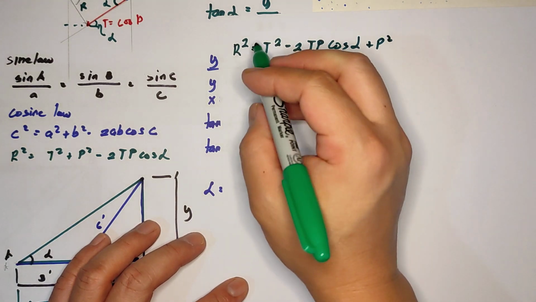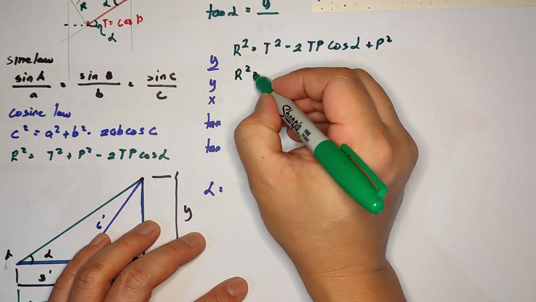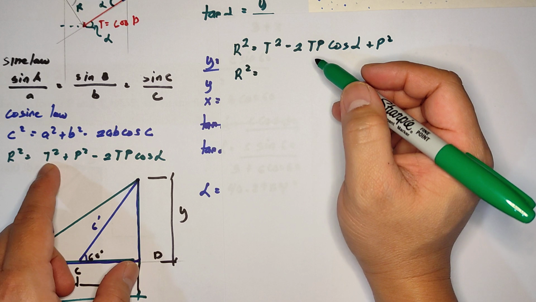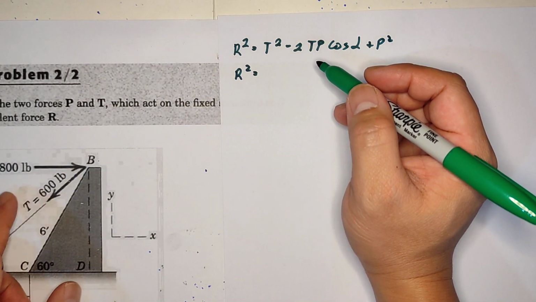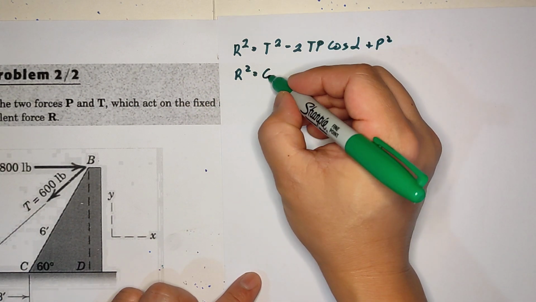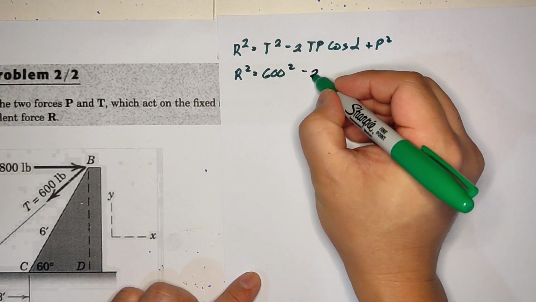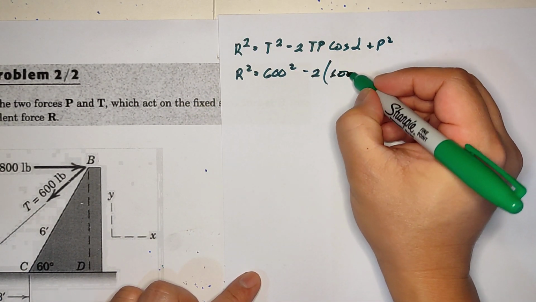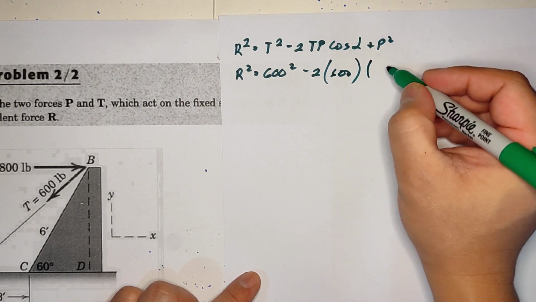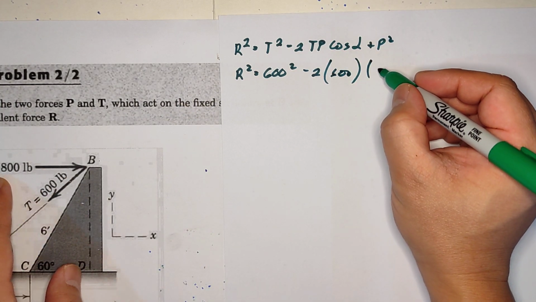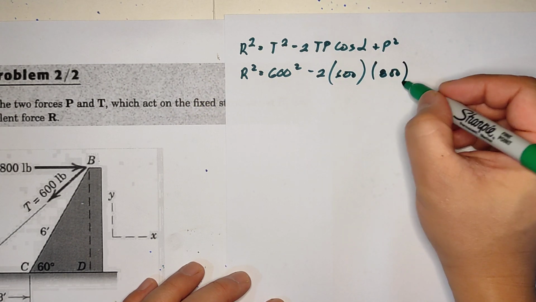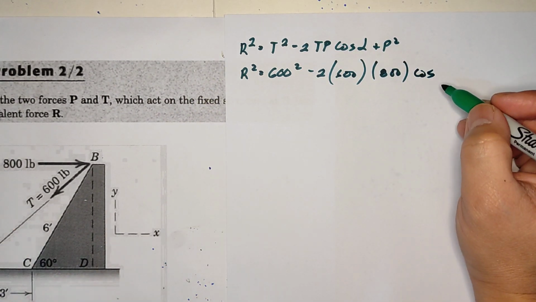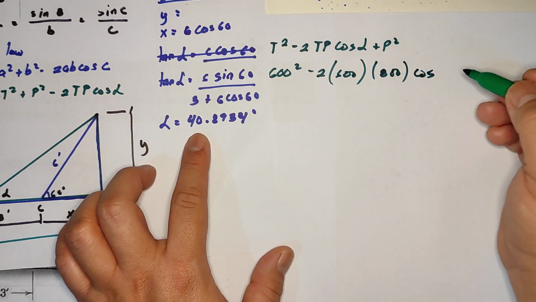Now, r squared. So what's t? The t is this one, so 600 minus 2 times 600. Then you have p, that is 800 here. Then cosine alpha is this one.